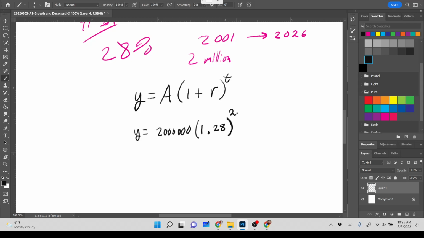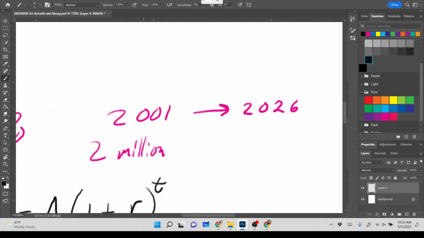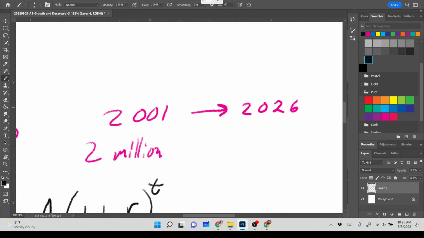Where did the 25 come from? Shouldn't it be 28? Oh, I know, it's the years between 2001 and 2026. So that's the time we're looking for.